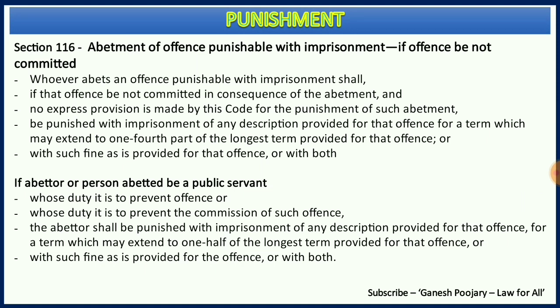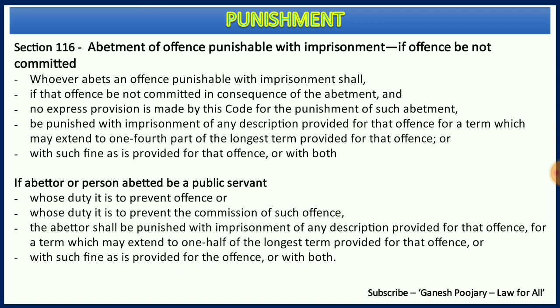If anyone is a public servant, in that case, the punishment for the abetter will be half of the punishment which is available for that particular offense. Now here also the offense is not committed, but the abetter or the abetted person is a public servant. In this case, the abetter will get half of the punishment.